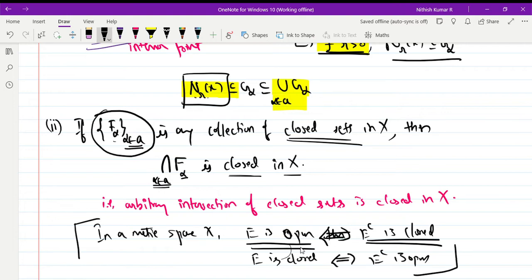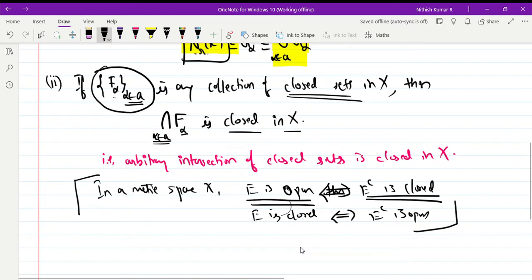Now using this result, we need to prove that an arbitrary intersection of closed sets is closed.